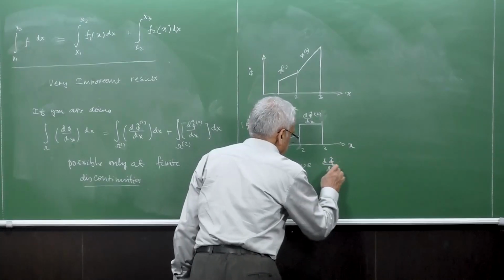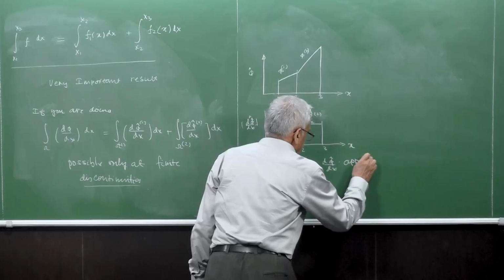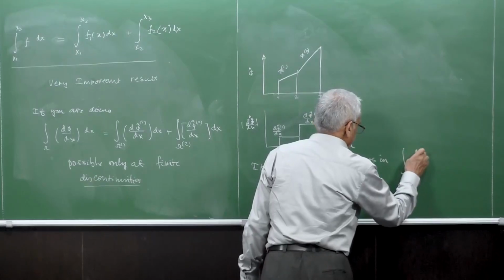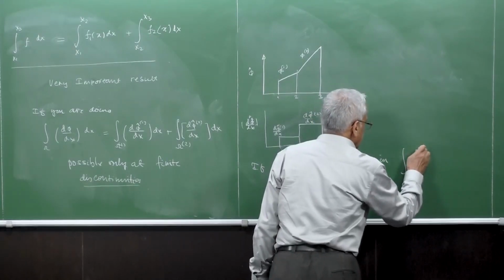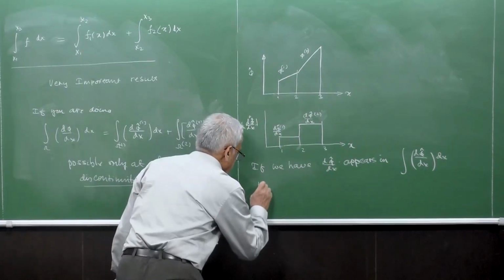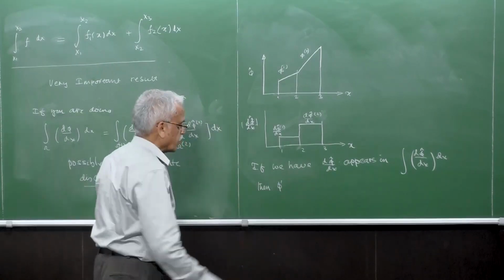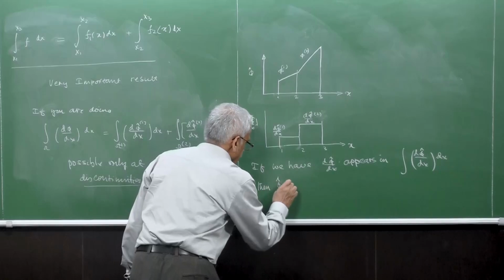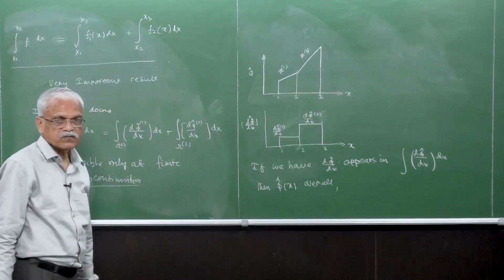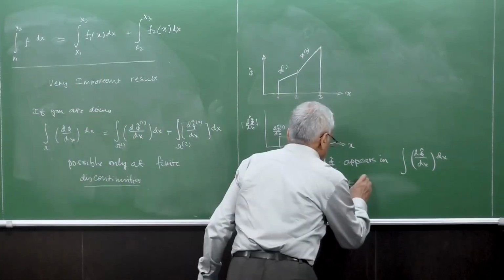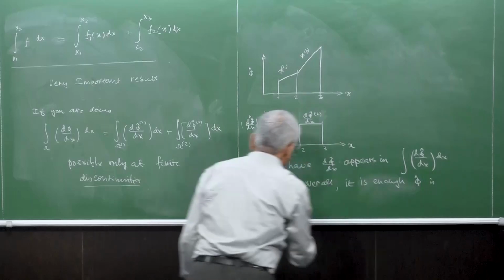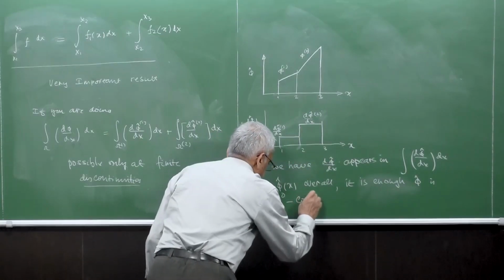But as we talked about all these theories, what we are saying is that if dφ̂/dx appears in the integrand like this, then φ̂ overall has to be what kind of function? φ̂ is C0 continuous.